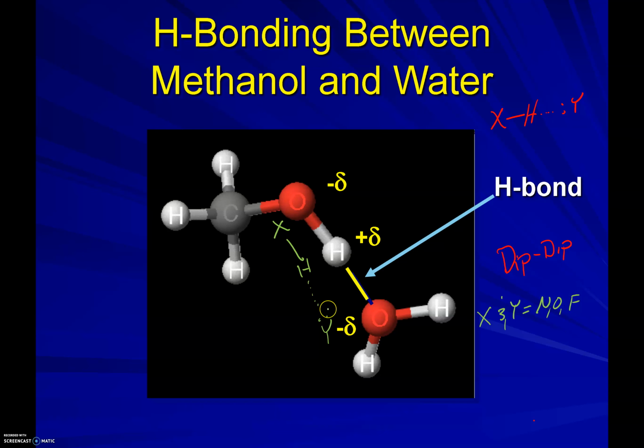In this case, X and Y are both oxygen. Even though they're different elements or different compounds, it's still considered to be hydrogen bonding.